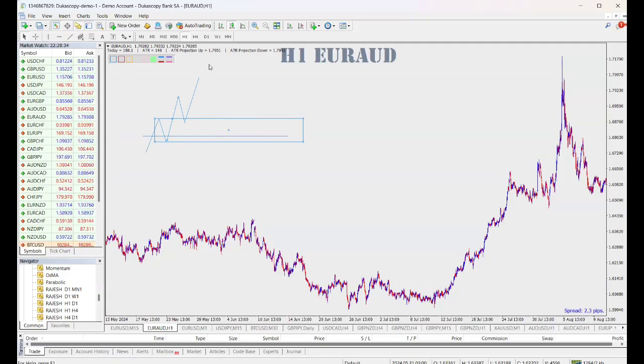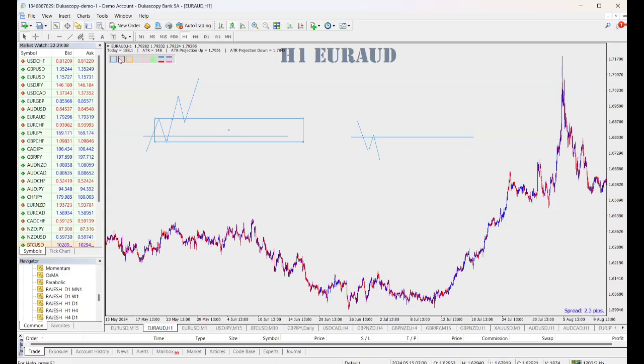And this is an example of a bullish flag limit. Now, we're going to take a look at a bearish flag limit, which works the same. We have a key level, and price breaks our key level, and price retraces, and then it continues down.